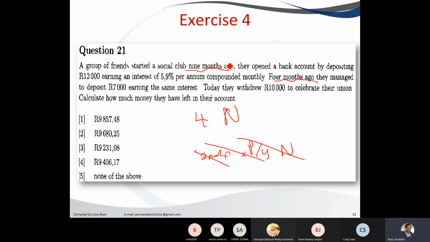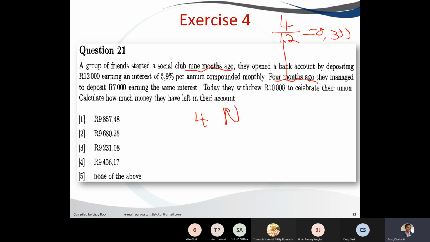Because the problem will be if you go and say 4 divided by 12, and once you do that, when you do second function P/Y, you are still going to multiply by 12. So you will do it this way. You will say 4 divided by 12 and the answer is 0.3333.